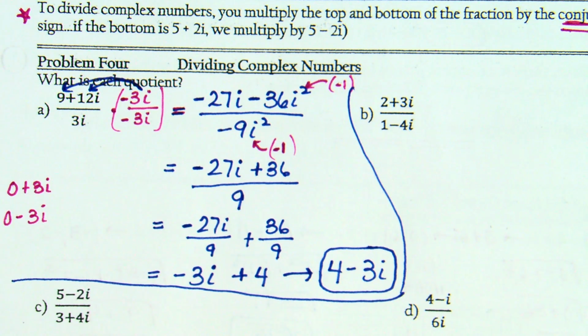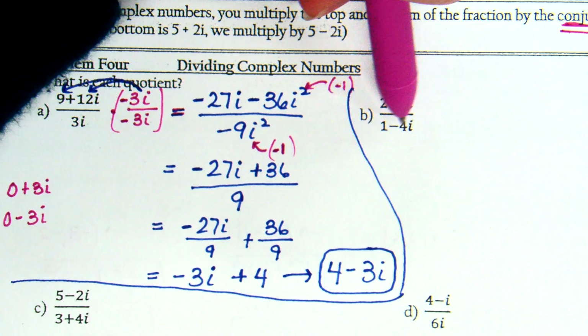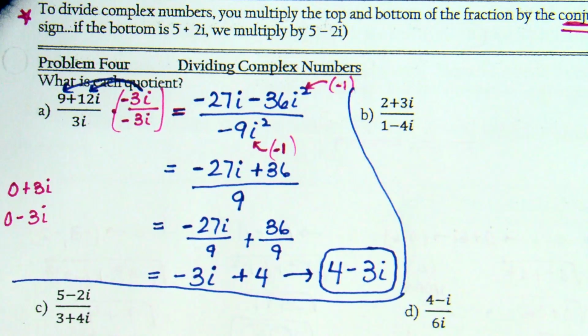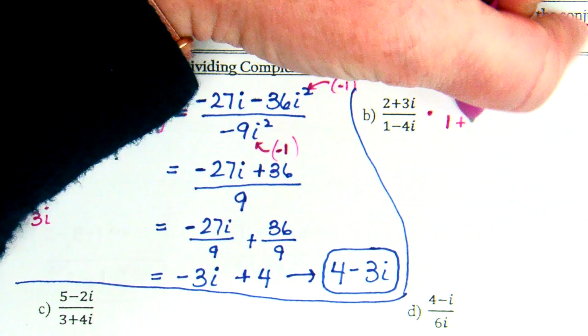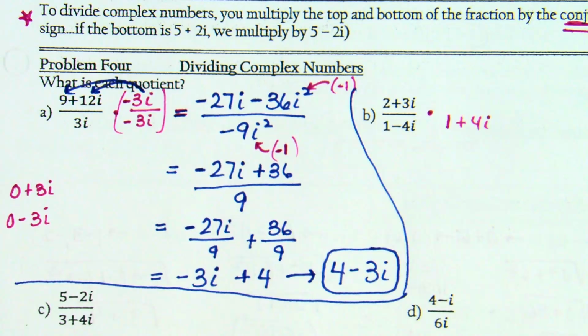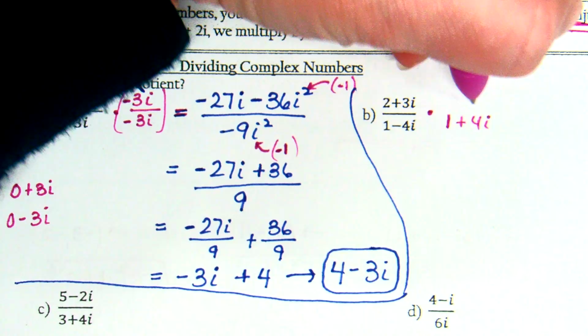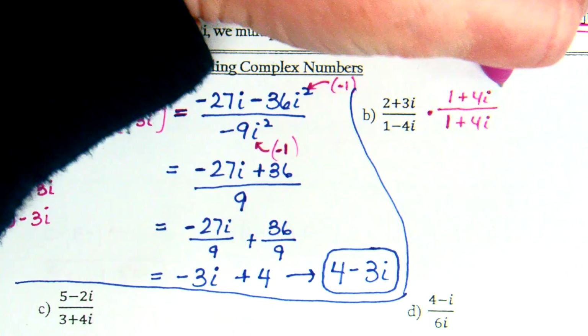So my current denominator is 1 minus 4i. So what's the conjugate of 1 minus 4i? 1 plus 4i. Okay, it's just changing the sign in the middle, right? You're changing the sign in front of the imaginary term. If I multiply my denominator by 1 plus 4i, we're multiplying the numerator by 1 plus 4i.